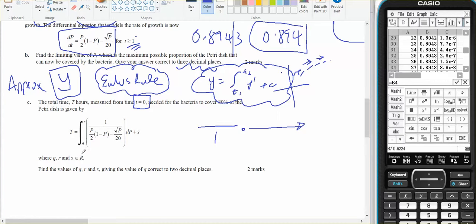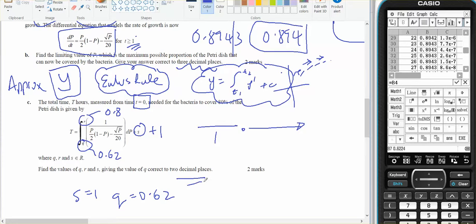So I want to know the total time taken for my proportions to go from 0.62 up to 80%, 0.8, where the first hour took me to there, so that's +1 because this is about time. So I think that S equals 1, Q equals 0.62 to 2 decimal places, and R equals 0.8.